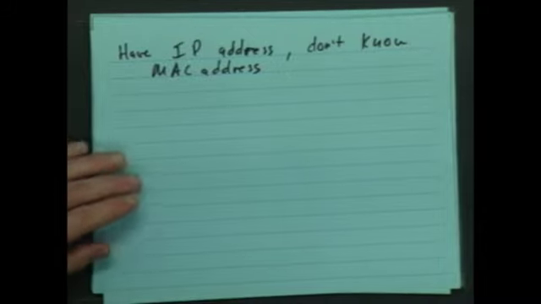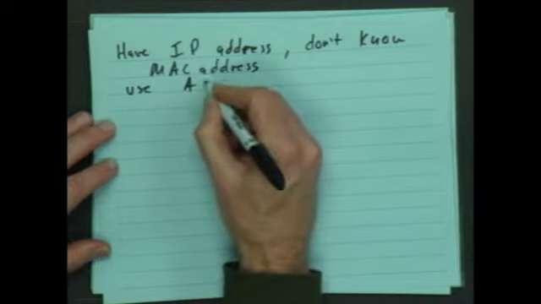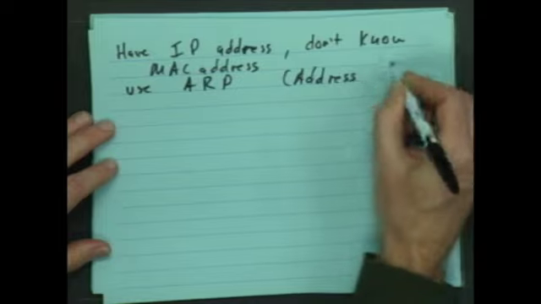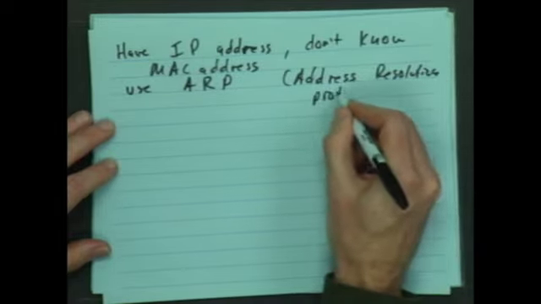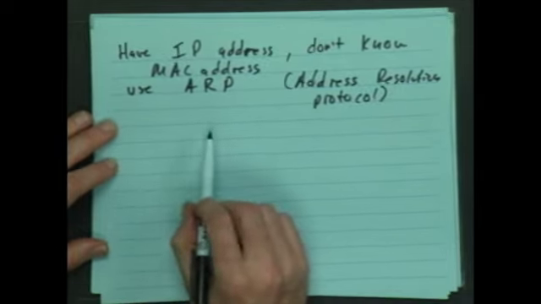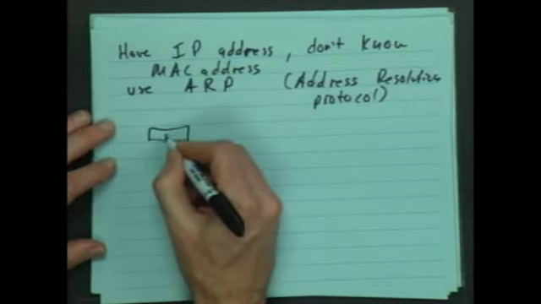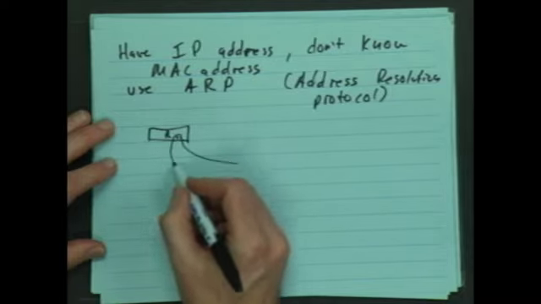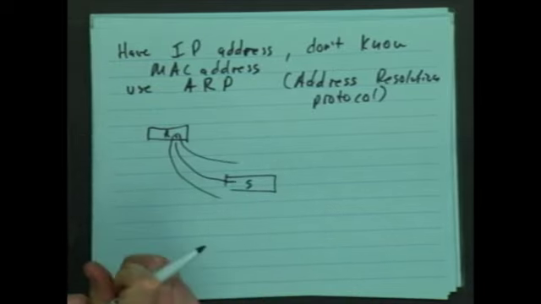So what we do is we send an Address Resolution Protocol message, ARP. Here I am as the router, and I have my little port. I'm going to send a broadcast to the switch.